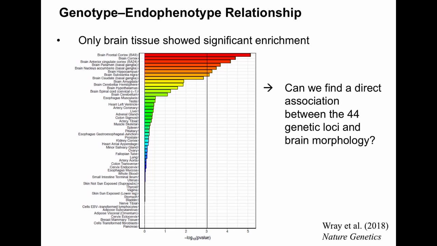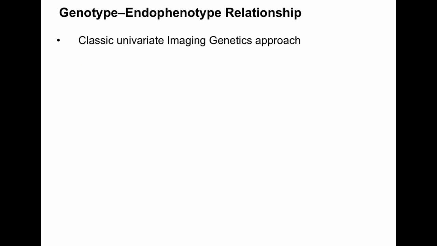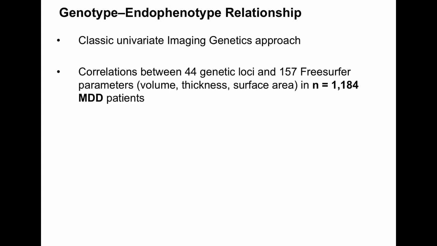What we did then is we first used the classic univariate imaging genetics approach, which just takes the 44 genetic loci and the 157 FreeSurfer parameters that we used in this analysis. It's volume, surface, thickness, just the standard FreeSurfer parameters that you probably all know, and try to correlate those in 1,184 depressive patients.